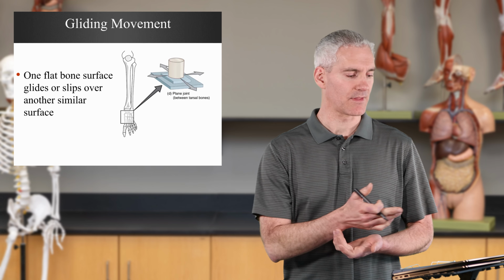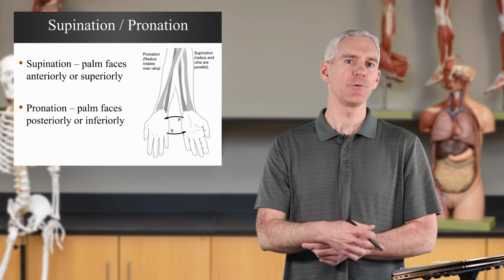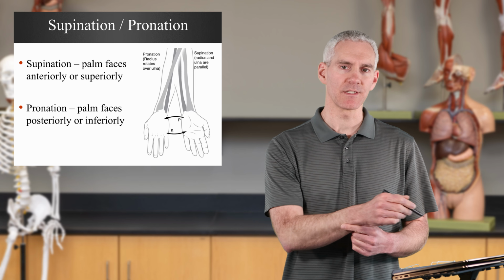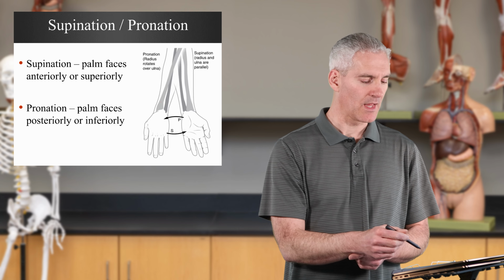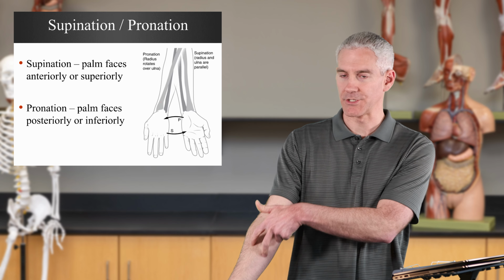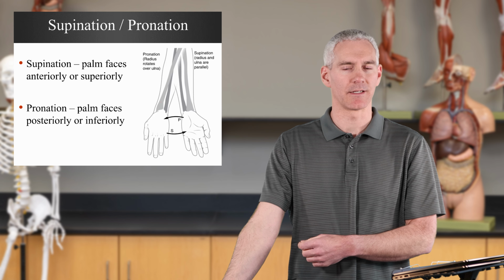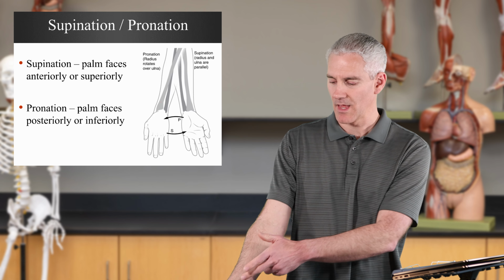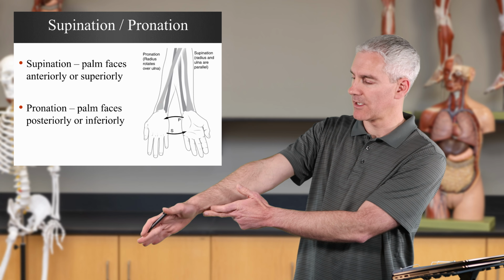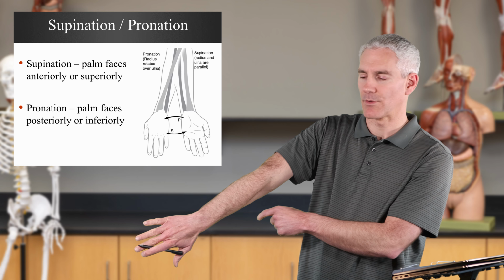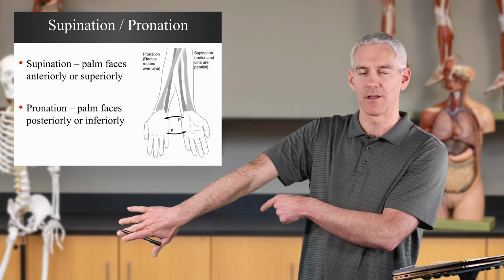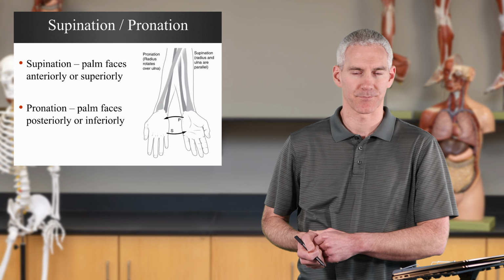Supination and pronation. Now, this action is specific only to the forearm. You can see from the diagram here, in the case that the two bones are parallel, this is the supine location. If the palm was to go and twist backwards so the palm is posterior, that is now the prone position.